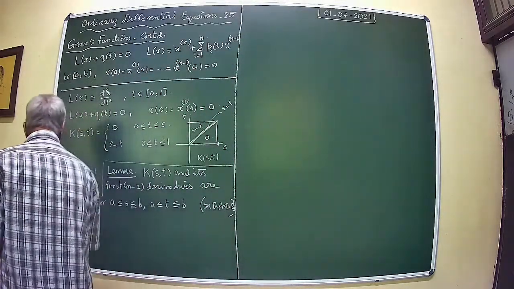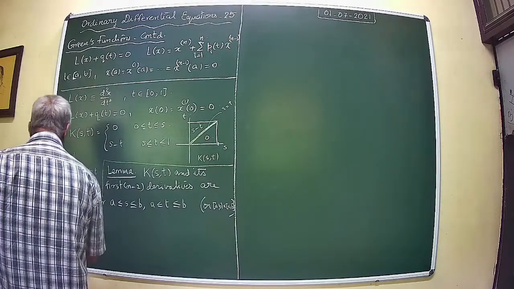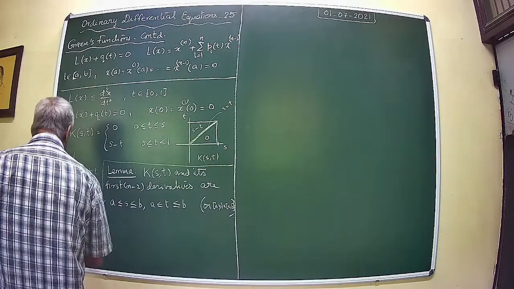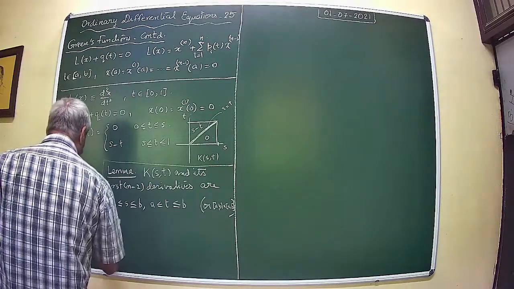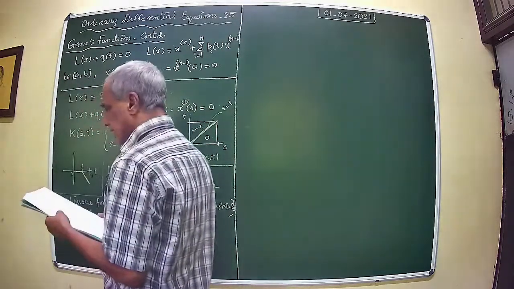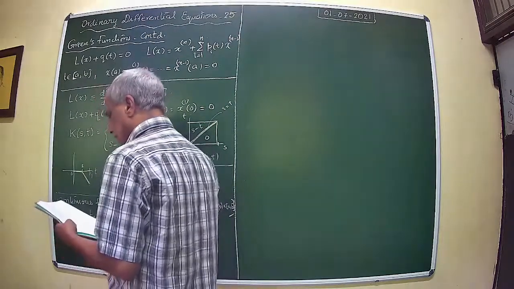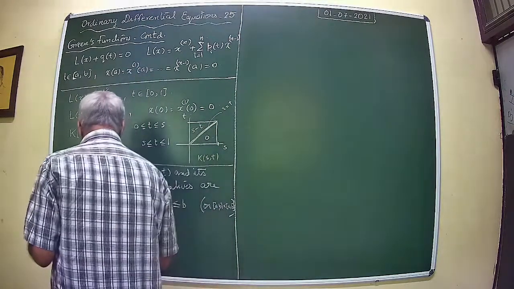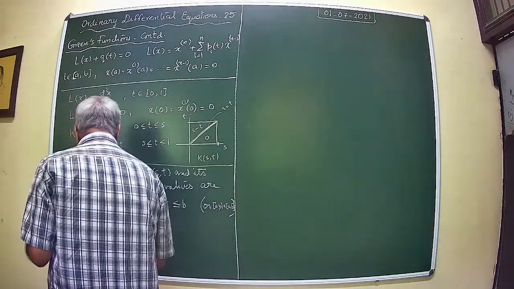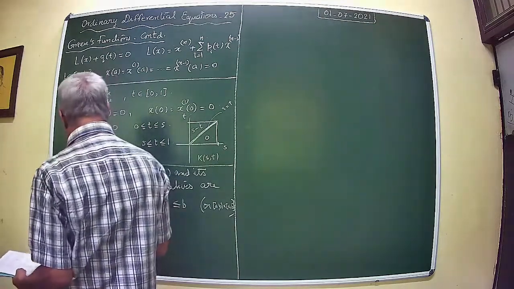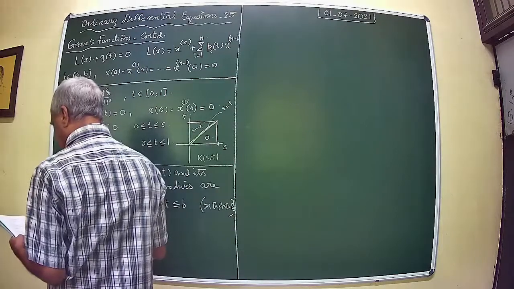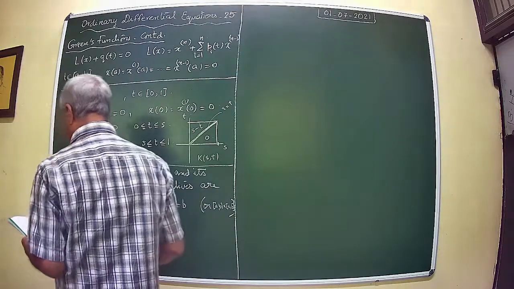The same is true for the n minus first derivative except along s equal to t. When I put t here, I am talking about the partial derivative with respect to t.